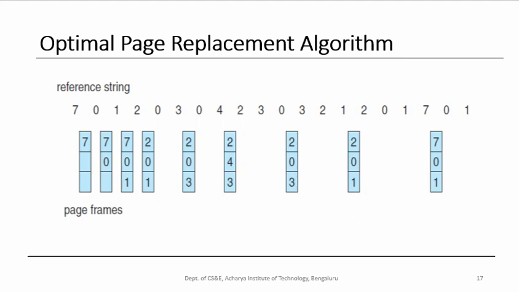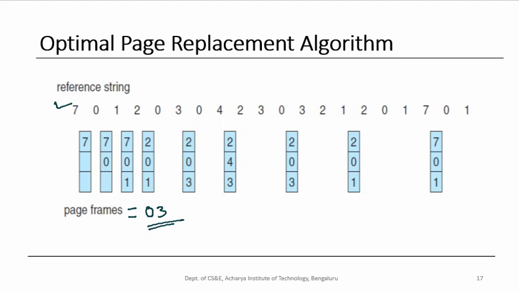Let us take the same reference string and let us also assume that there are 3 page frames allocated to this process. When the reference is made to page 7, now we are talking about pure demand paging. That is, we are not keeping any of the pages related to the process in the main memory when we start.